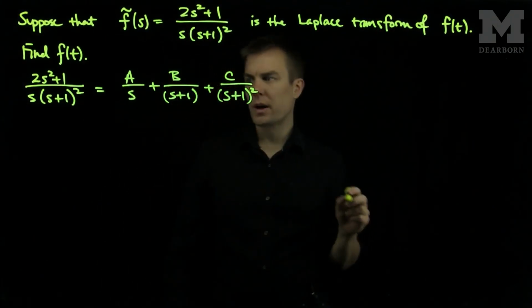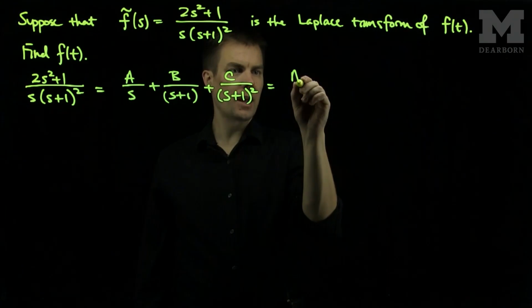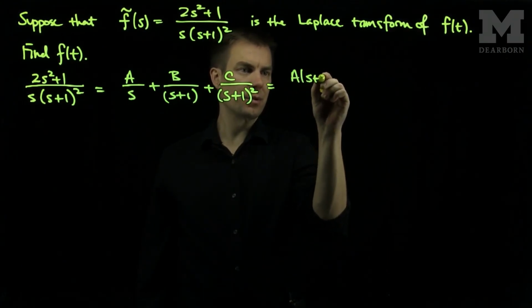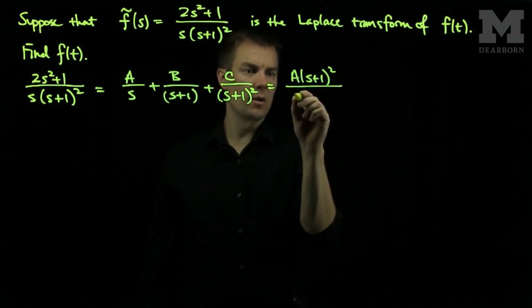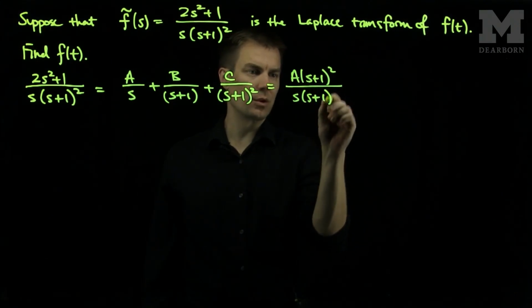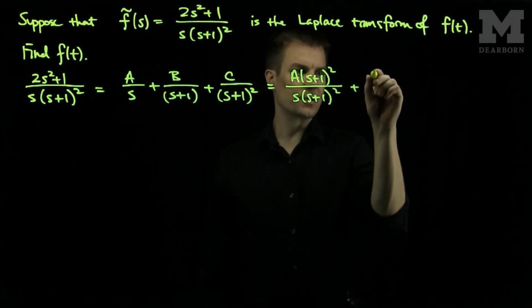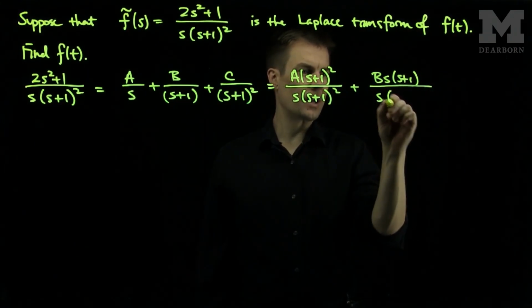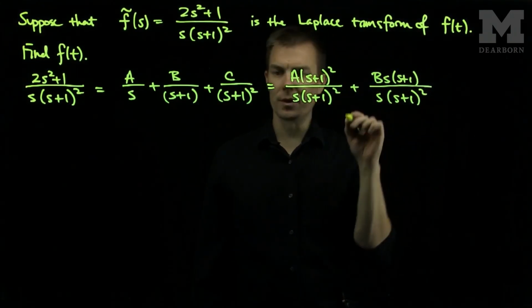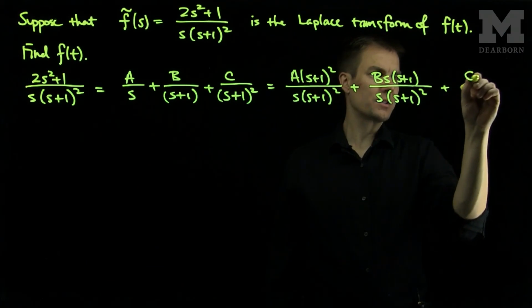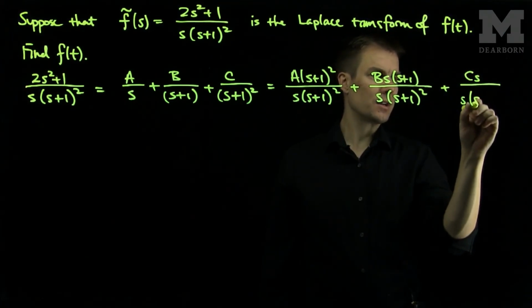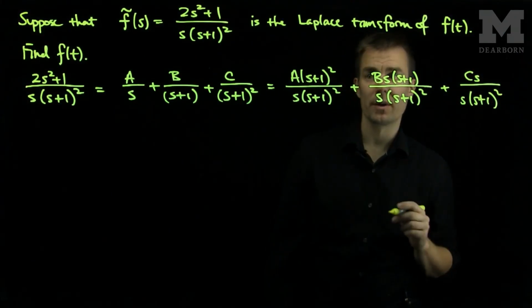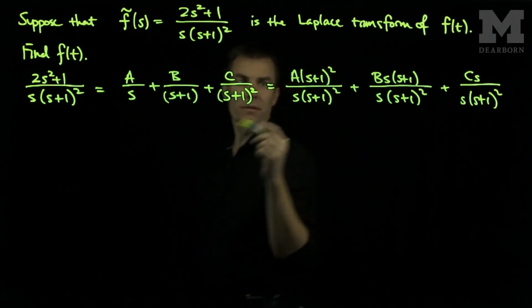And we can rewrite this as a times (s plus 1) quantity squared over s times (s plus 1) quantity squared, plus b s (s plus 1) over s times (s plus 1) quantity squared, and finally plus cs over s times (s plus 1) quantity squared. And we want to simplify the numerator.